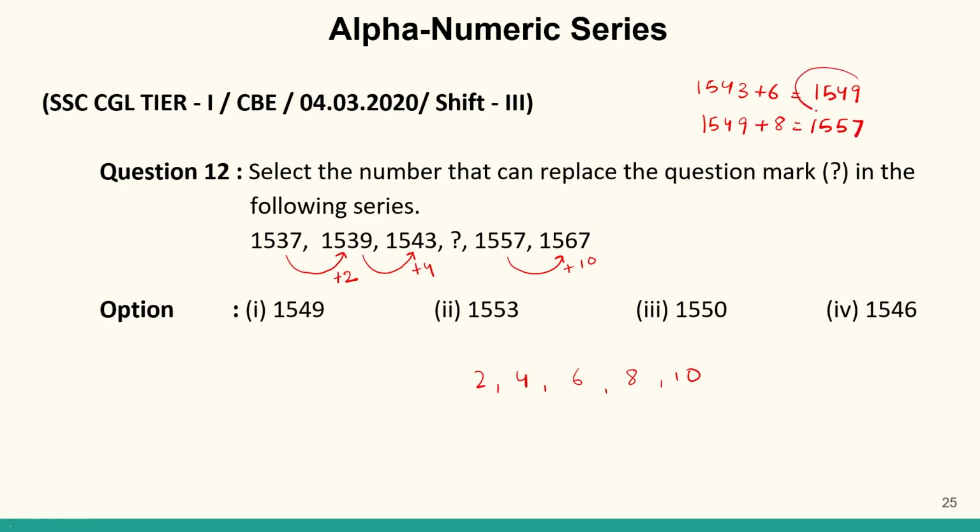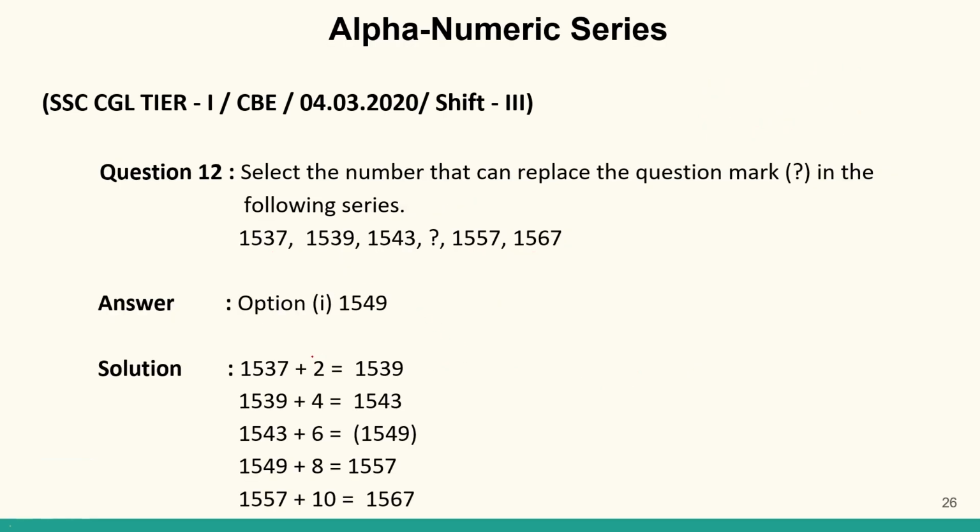So 1549 is a number that can be logically put into this place because it follows the sequence with both the previous number and the next number. So our option number 1, 1549 is the correct answer. This is the solution. We are adding 2, 4, 6, 8, and then 10. So 1549 is the correct answer.